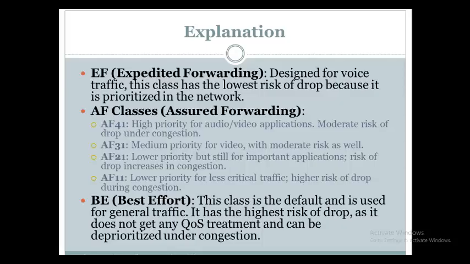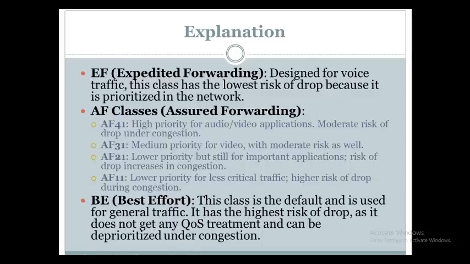Whereas in AF, you have different levels. For example, you see AF41 and down there AF11. Among all AF marked traffic, AF41 has high priority. Compared to EF, this has less, but among AF, this has high priority, and AF11 has the lowest.